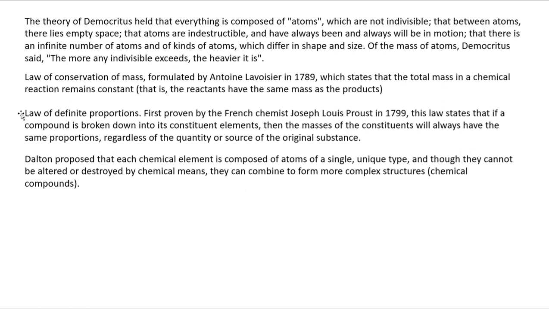The law of definite proportion was established by Proust in 1799. It established that when a compound is broken down into its constituent elements, the masses of the constituents will always have the same proportion.